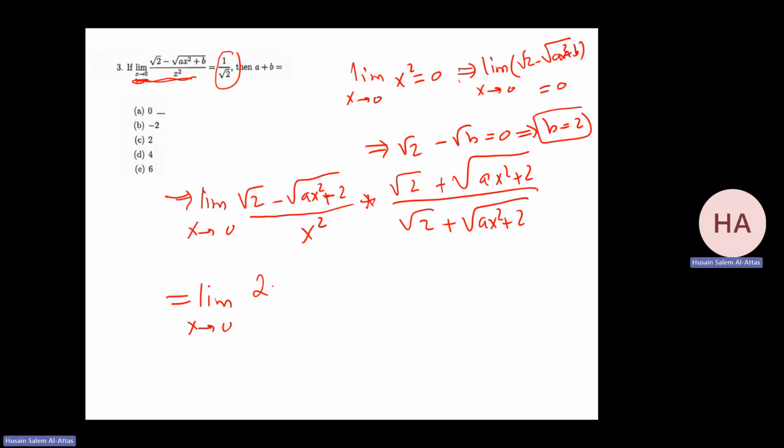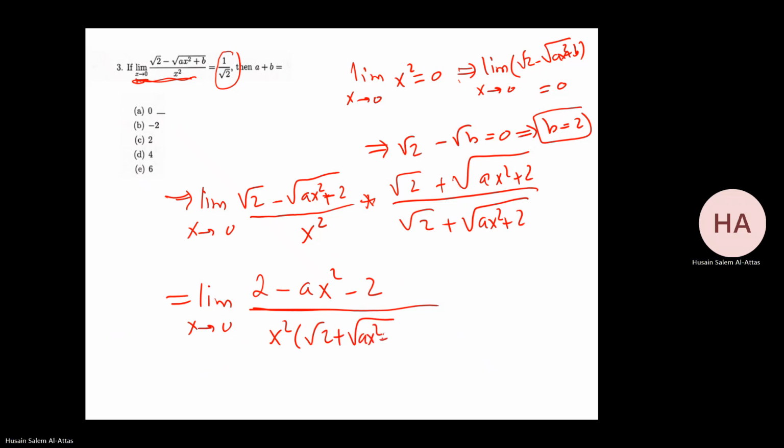What do I have in the numerator? 2 minus ax squared minus 2 over x squared. This is cancelled, also x squared cancelled. So I'm getting minus a, as x goes to 0, over square root of 2 plus square root of 2, so it will be 2 square root of 2.